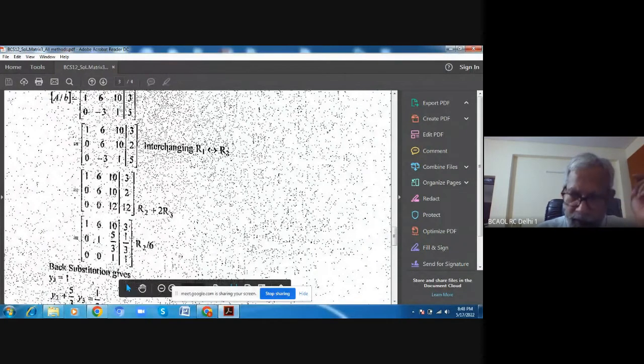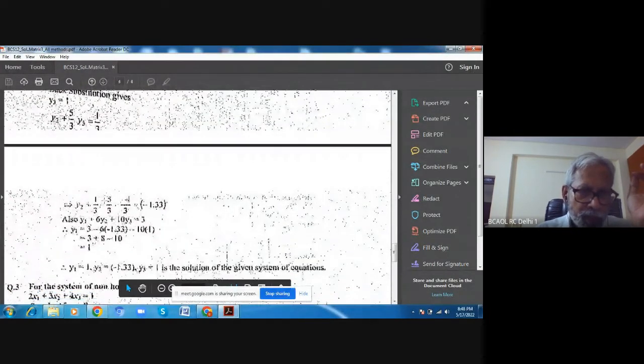For that, maybe you have to interchange the rows, maybe you have to add something in the third row, and finally somehow you have to calculate and make it 0. That is the idea. Once you prepare the 0, then you substitute the values, and y2, y1 values are coming. So this is the way of the reducing process.